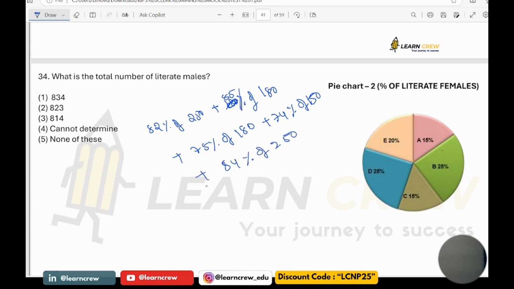If I add everything, how much I am going to get? It is 205 plus 153 plus 135 plus 111 plus 210. What is sum of all these values? 814. 814 is the answer.